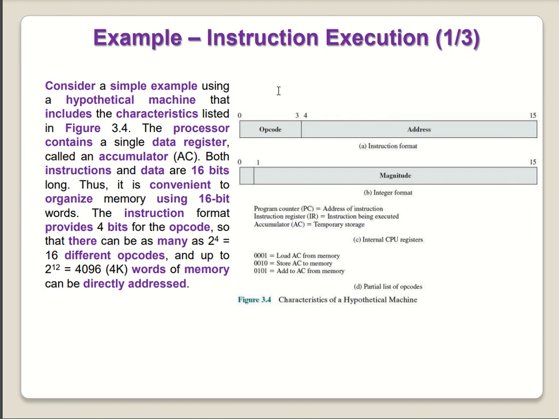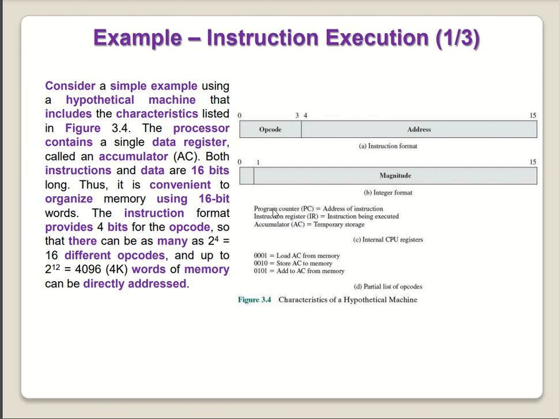Below that, some description is given. Program counter, PC, means the address of the instruction to be executed next, and the instruction register, IR, keeps the instruction being executed. Then another register, a new register we didn't see in the previous slide: the accumulator.